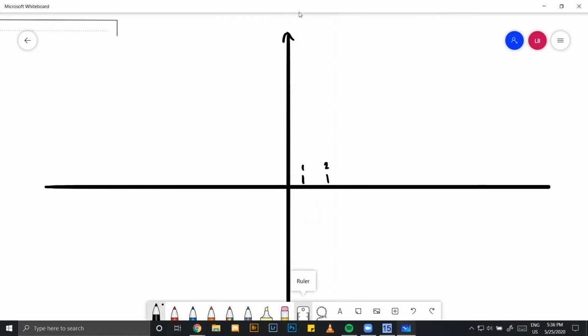1, 2, 3, 4, 5. I'm gonna make it all 1 unit. I'm not gonna write all of them out because it's gonna take too long. I'm gonna do the same for the down.